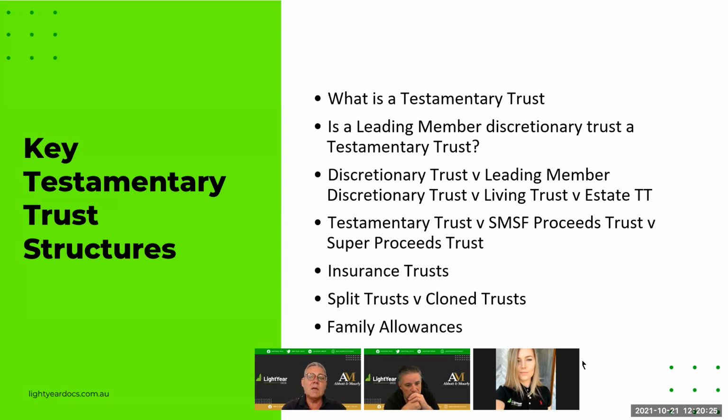Now, the leading member discretionary trust is just a little bit different, in that it doesn't have any specified beneficiaries. Well, it does in a way, because it doesn't give a name to the beneficiary.